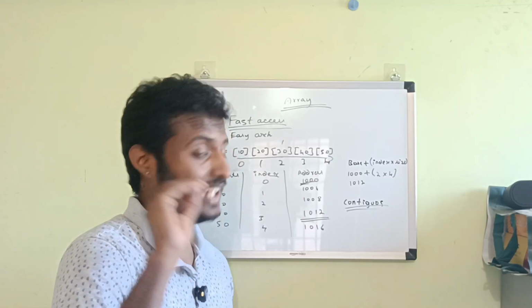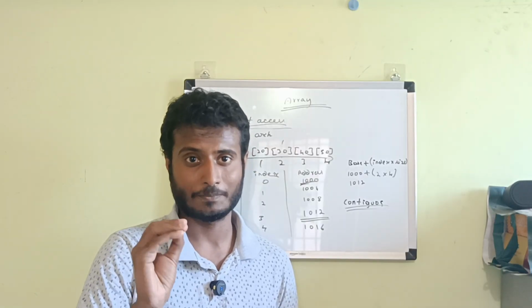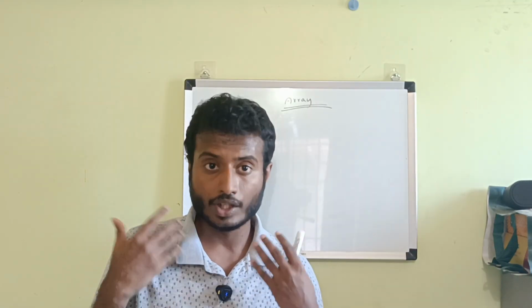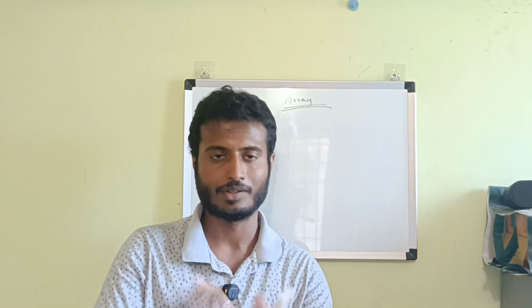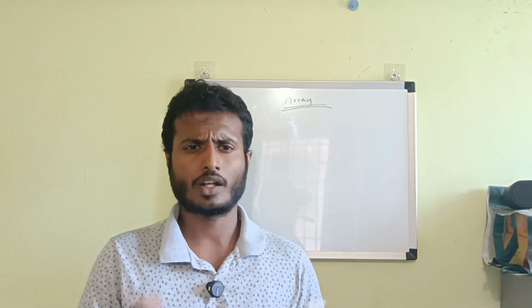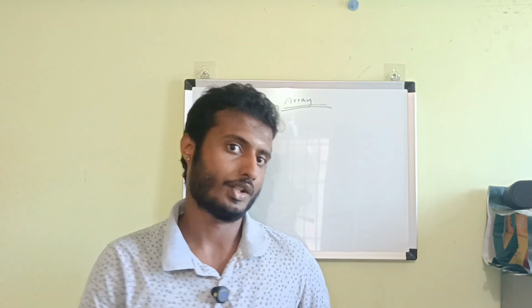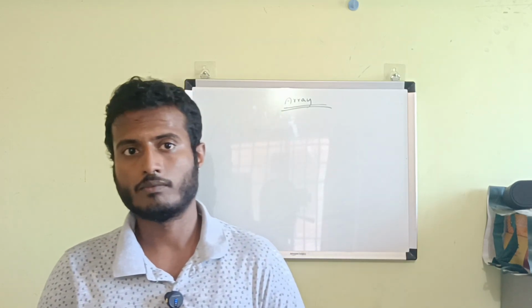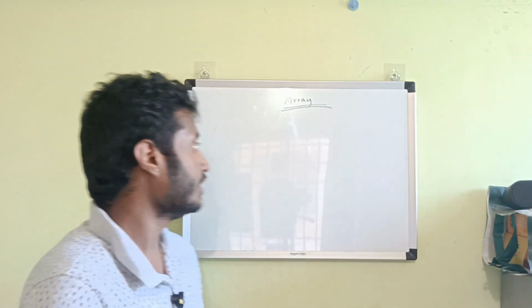This is important. Next we go to the point of where we use this array. Now we try to understand where we actually see the array in action, right? Because we talked about how it looks, how it works inside the memory, what rule it follows, and what are the pros and cons.